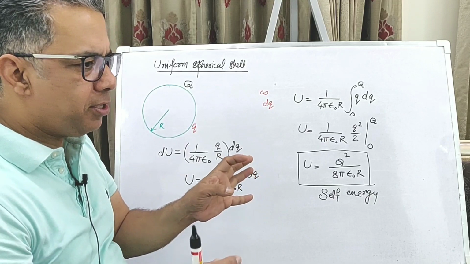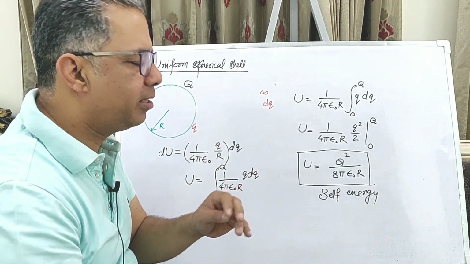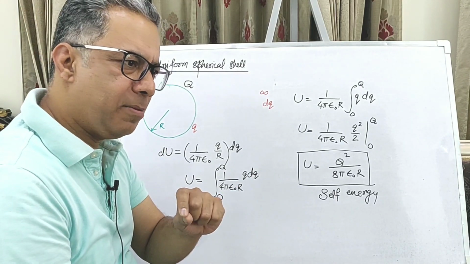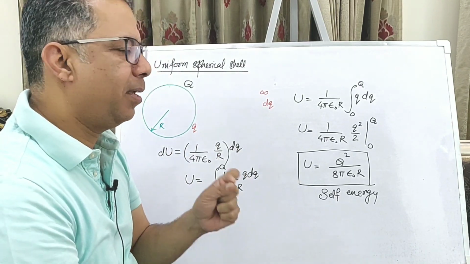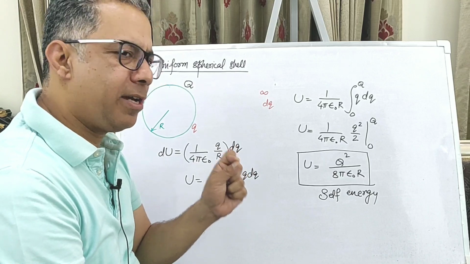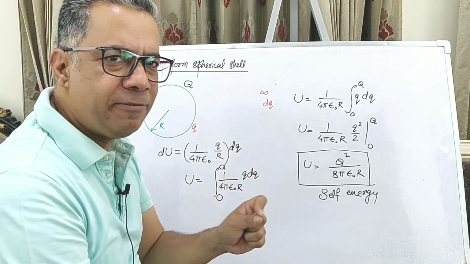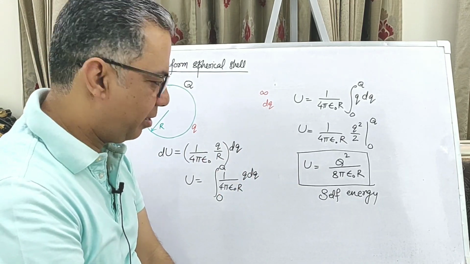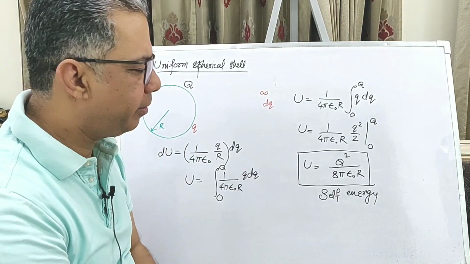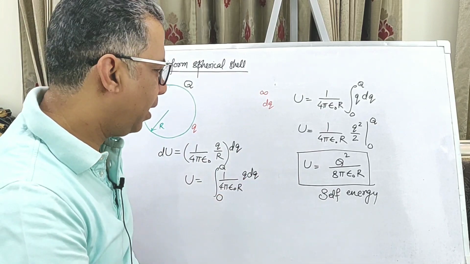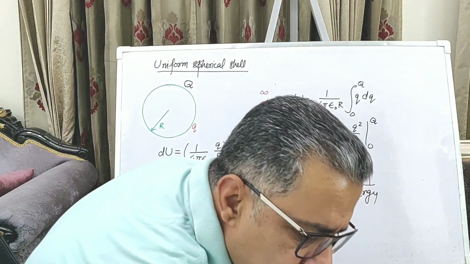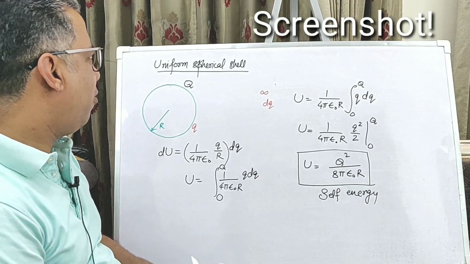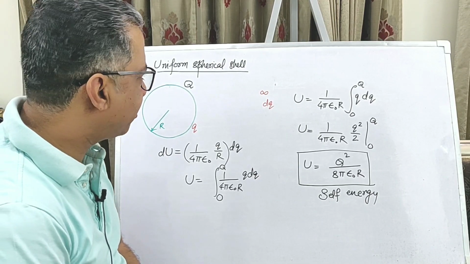So when you have a system of several charged bodies, to calculate the potential energy of their system, you add up all the self energies and also all the potential energies of interaction, and we'll explore that process going further in this video. So this is how you calculate potential energy of a uniform spherical shell of charge.